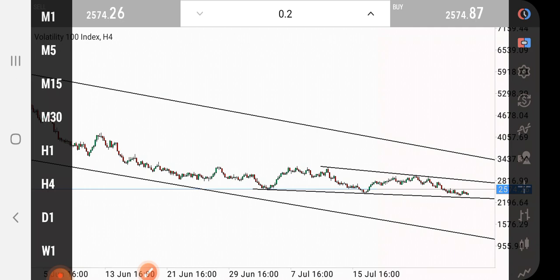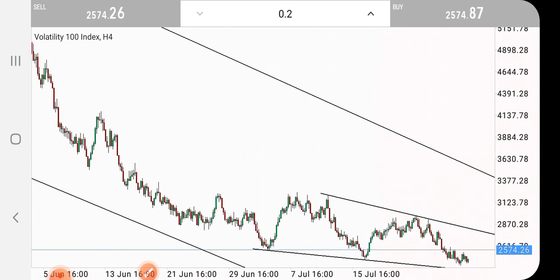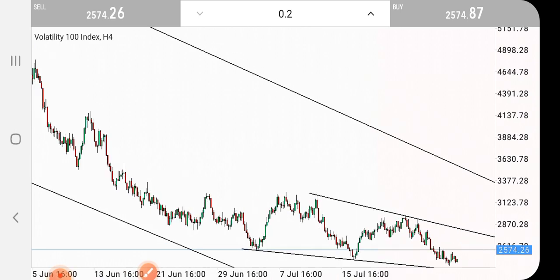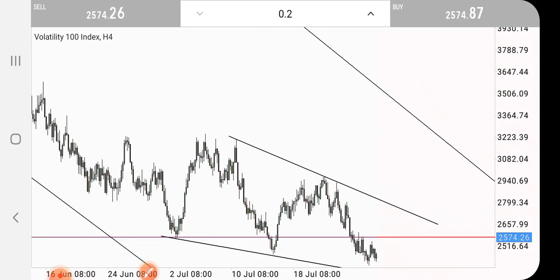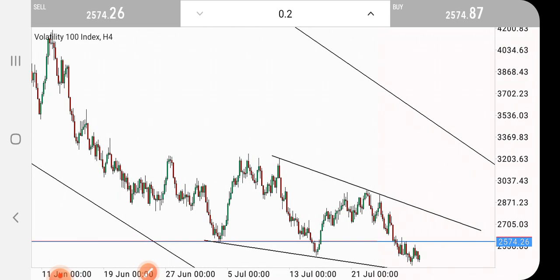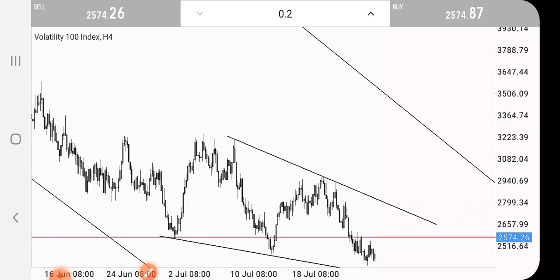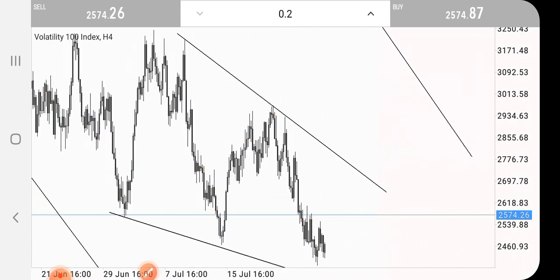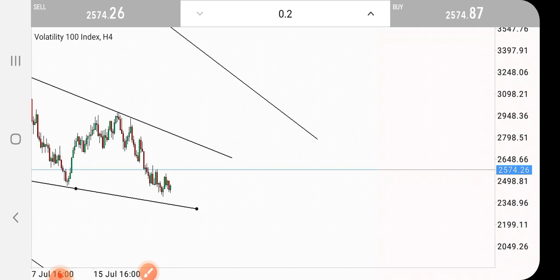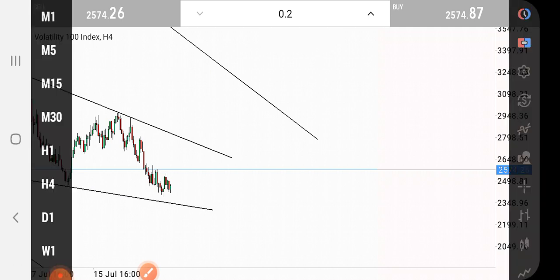When the price breaks to the lower side, we continue with our sells. When we break to the upper side, we continue with our buys. So this is how the market is moving. We can see that you are trading between these points.